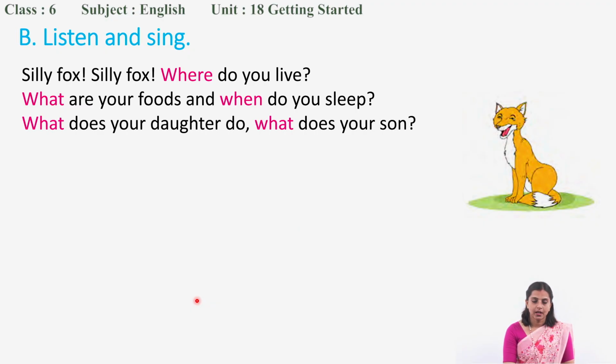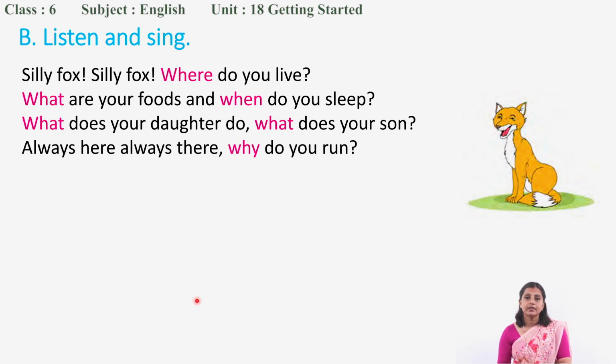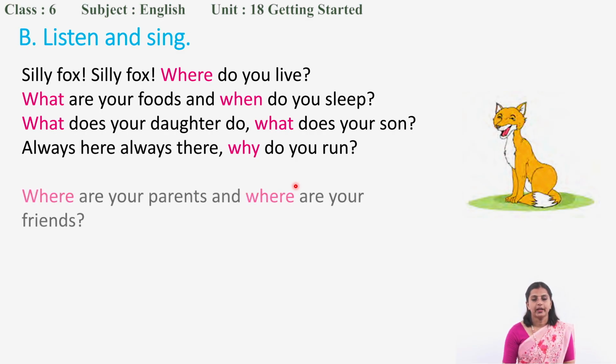What does your son? Always here, always there, why do you run? What does your daughter do? What does your son? Always here, always there, why do you run? Okay, good going. Where are your parents and where are your friends?